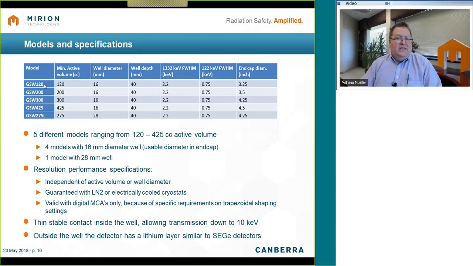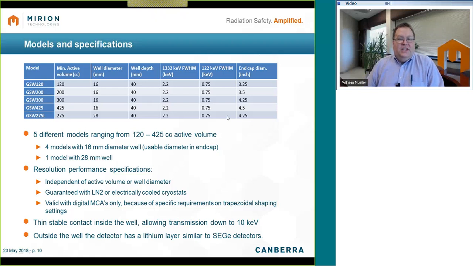To give you a context of how big that detector is compared to our standard coaxial detectors, a GSW 120 detector has approximately the same volume as a GC 30 detector, so a detector with 30% relative efficiency. The GSW 425 would be equivalent to a coaxial detector of greater than 100% relative efficiency.